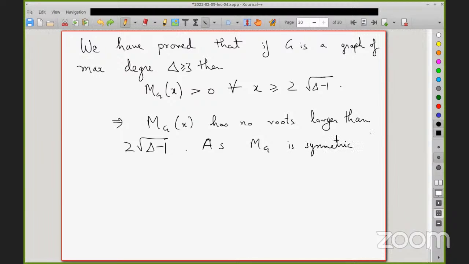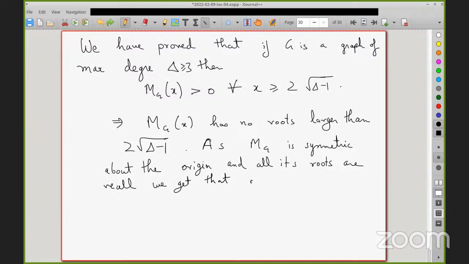Symmetric about the origin of real roots of n.